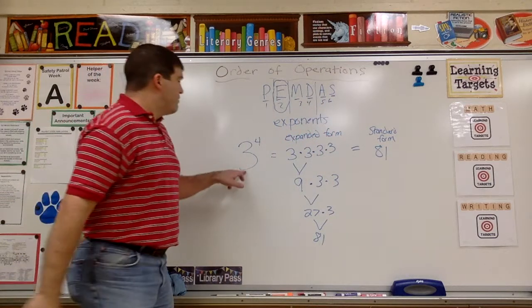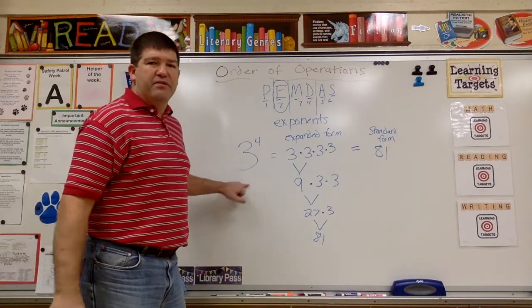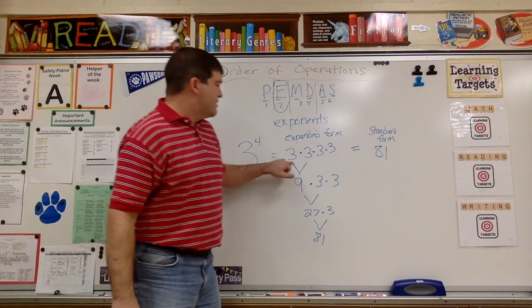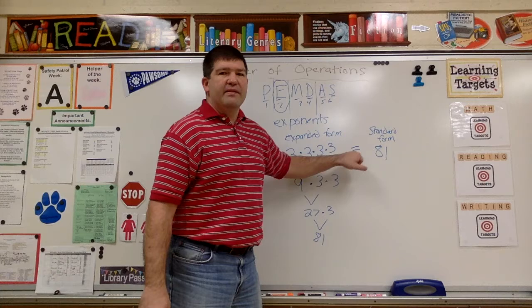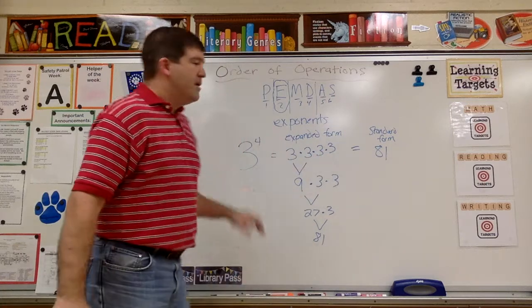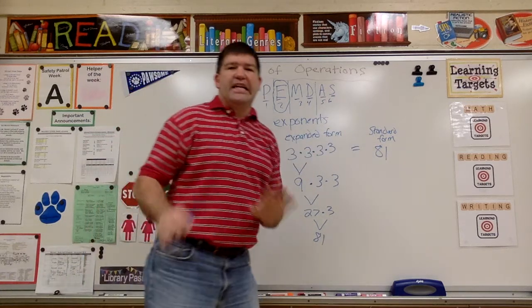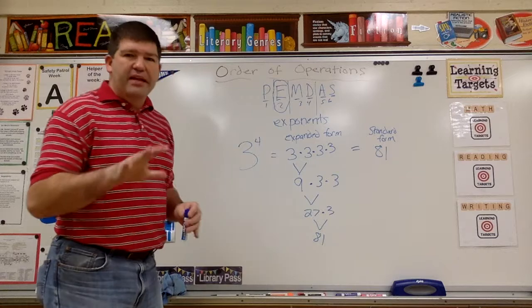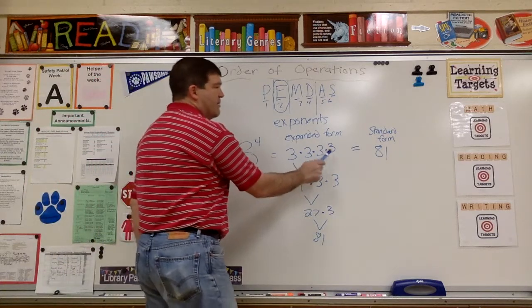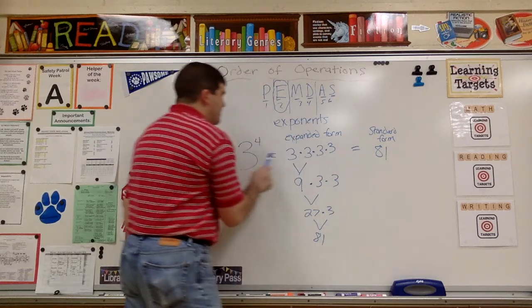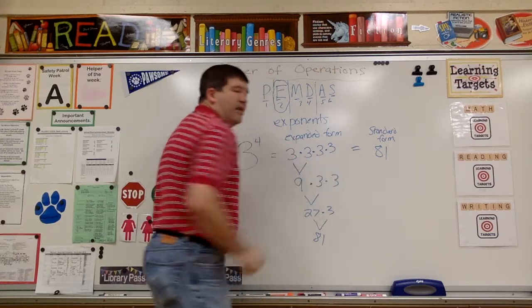All right. 3 to the 4th, exponential form, expanded form, 3 times 3 times 3 times 3, equals standard form, 81. All three of these are the exact same thing. They equal each other. So 3 to the 4th equals 81.